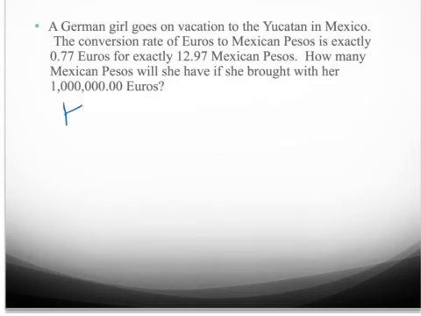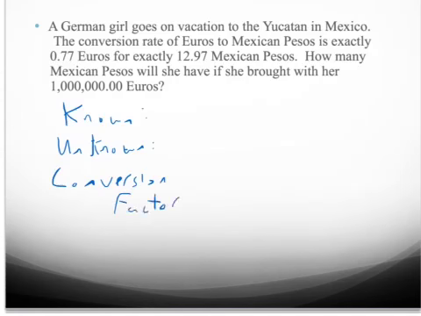So first I would write down my known, my unknown, and my conversion factors. Conversion factors are things that are equal to each other in the problem. So for example, there's a conversion factor where it says 0.77 euros is exactly 12.97 Mexican pesos.